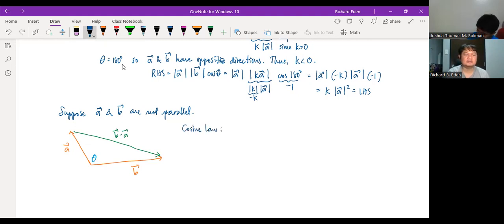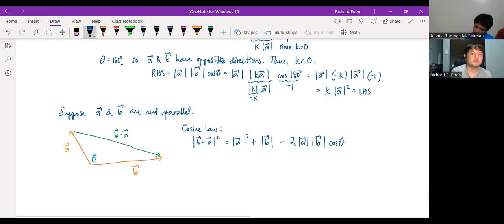From the cosine law, the length of the green vector, so that's B minus A and then squared equals the sum of the squares of the other two sides. But that would be the square of vector A plus the square of vector B minus twice the product of the lengths of the two orange sides, length of A, length of B, times the cosine of the angle theta.